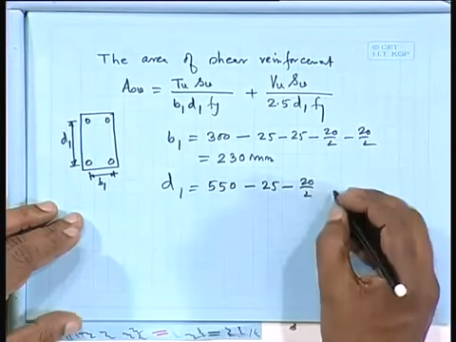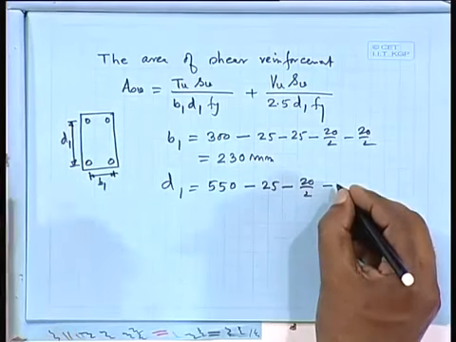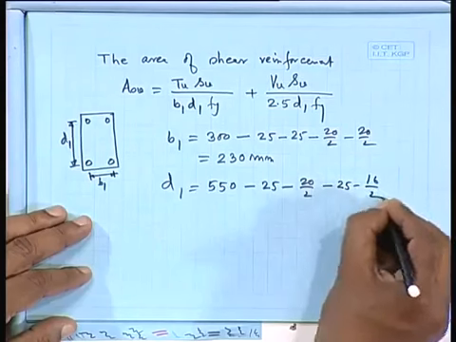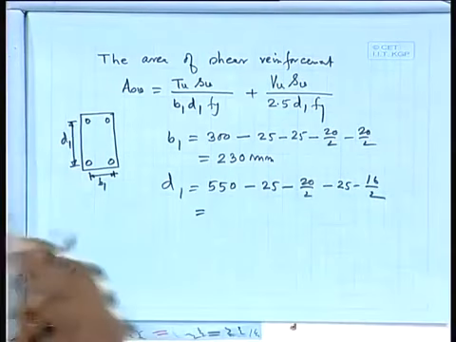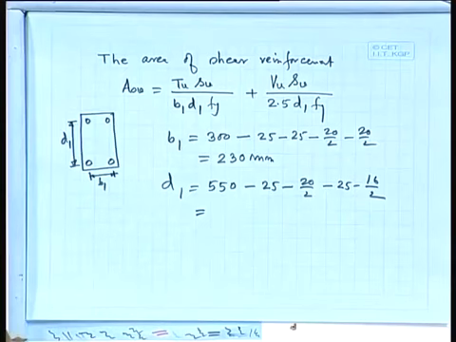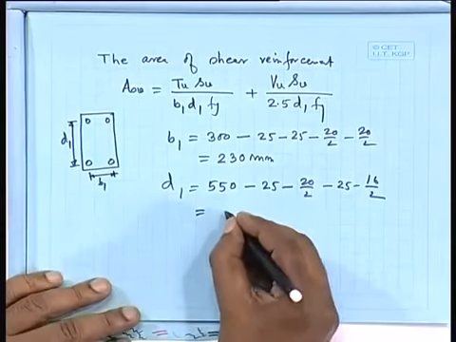On the other side, since you have provided 16 millimeter dia bar, we can say 25 minus 16 by 2. Okay, so we shall get it here 500 minus 10 minus 8, so 482.